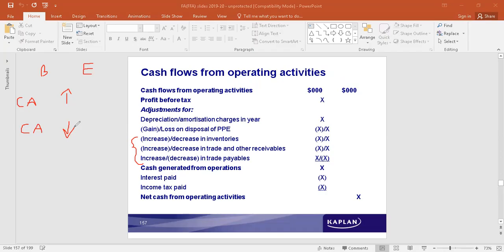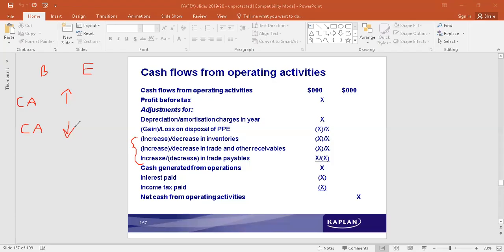Example, inventory at the beginning was 50,000. Inventory at the end is 60,000. Why would it increase? Because additional inventory was purchased. The increase of 10,000 in inventory is a result of the purchase of additional inventory.